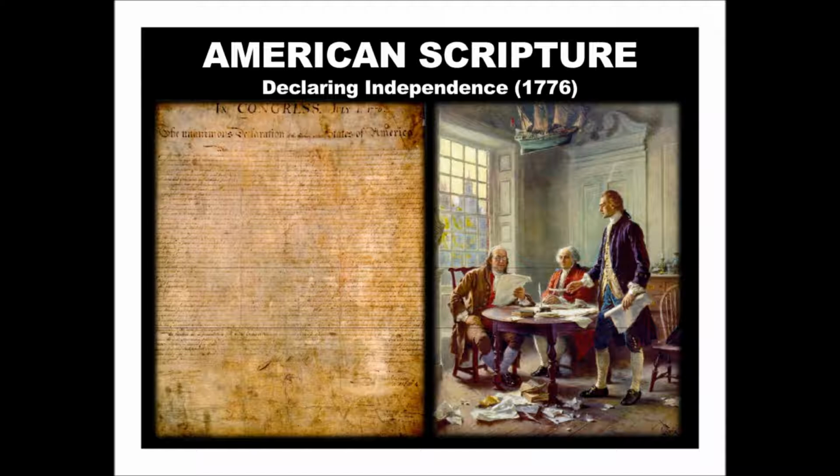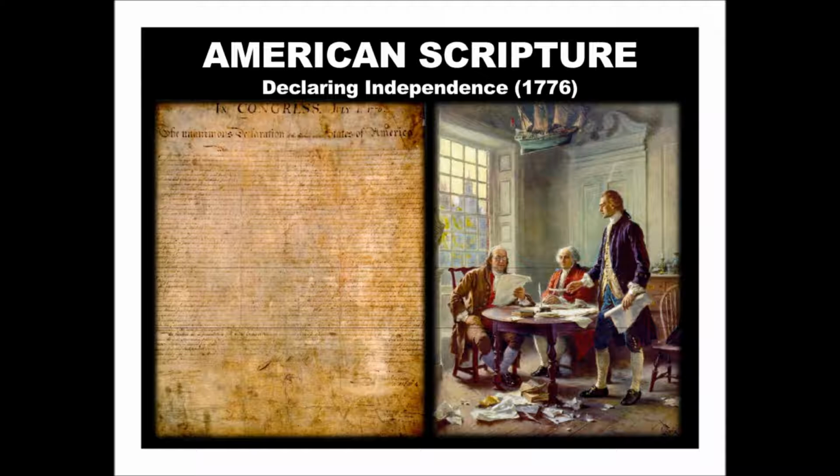Most people who know a little bit about the Declaration and its language of all men are created equal may well know that the primary author of the Declaration of Independence was none other than Thomas Jefferson. Within the document, Thomas Jefferson declared the self-evident truths that all men are created equal, that they are endowed by their Creator with certain unalienable rights, that among these are life, liberty, and the pursuit of happiness.